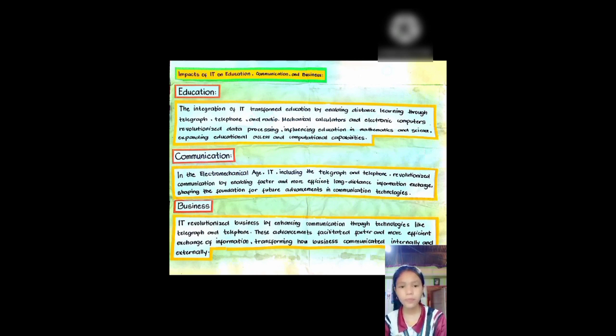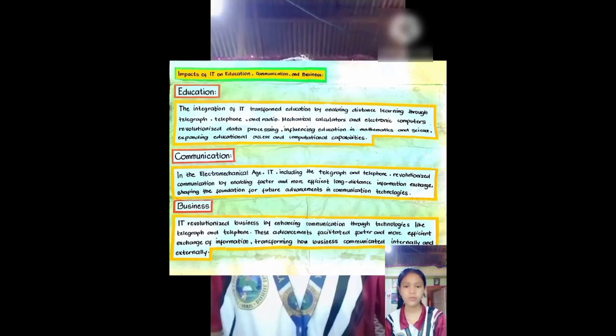So, in summary, in the electromechanical age between 1840 and 1940, information technology significantly impacted education by streamlining administrative tasks and improving access to resources, revolutionized communication through faster global connectivity, and enhanced business operations by increasing transaction speed and improving data processing efficiency.